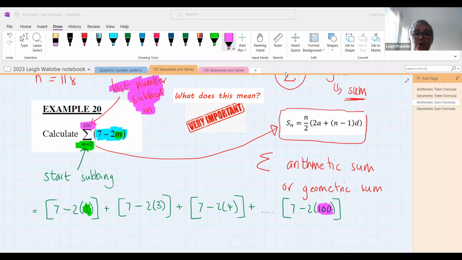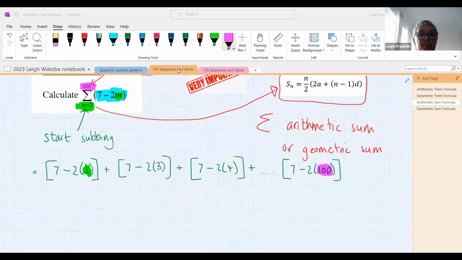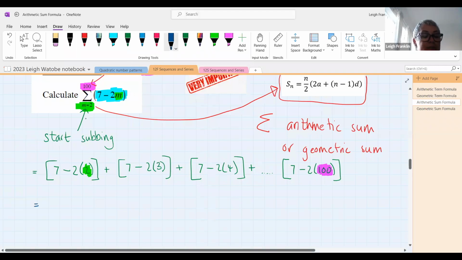All right. The first term is going to be, someone's already said that it's 3. That's correct, because 7 minus 2 times 2, 2 times 2 is 4, and 7 minus 4 is 3. Plus, the next one is 7 minus 6, so that would be 1.